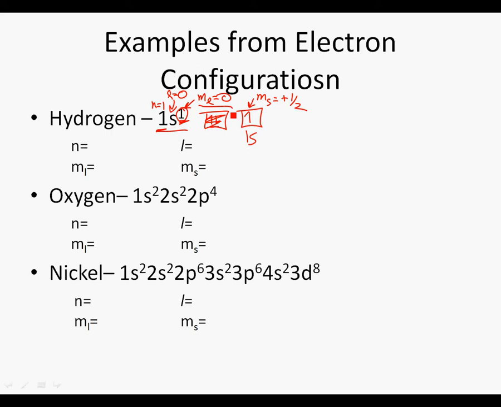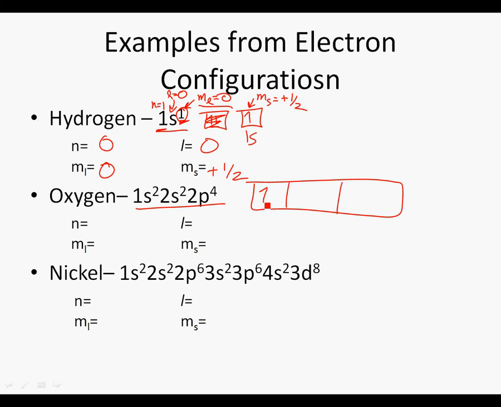Let me show you the next example on oxygen. So let me just fill in this first. So we get 1, 0, 0, and +1/2. All right, oxygen. Oxygen's electron configuration ends with 2p4. So these are all the 2p's. The M sub L is -1, 0, and +1. If you want something to remember, the middle box is always M sub L equals 0.